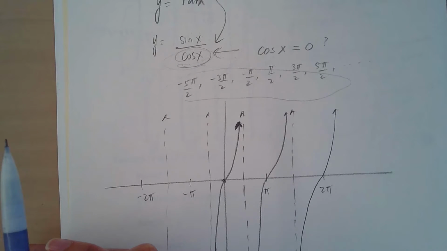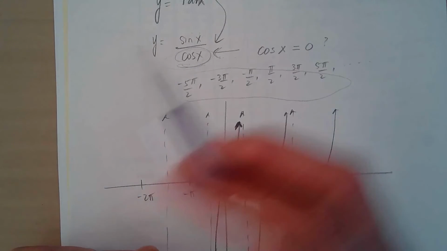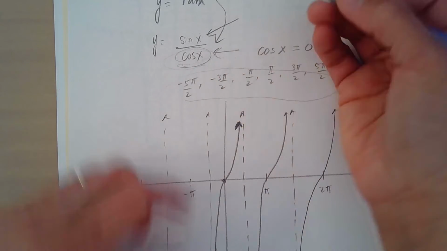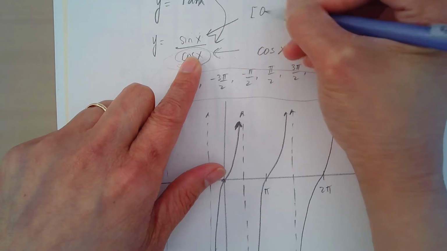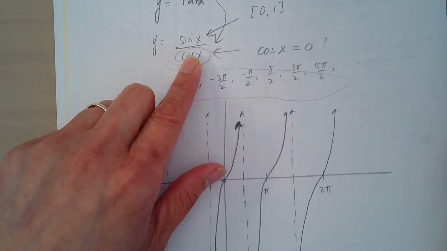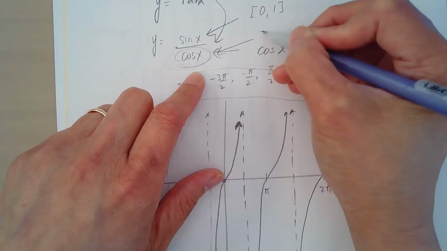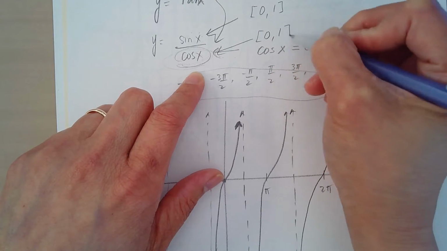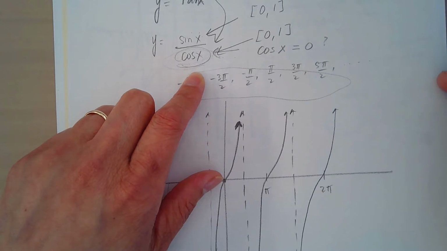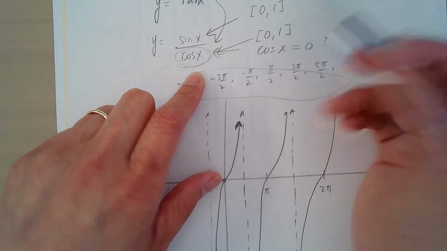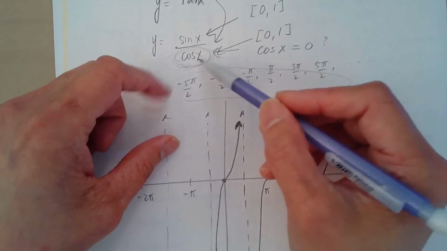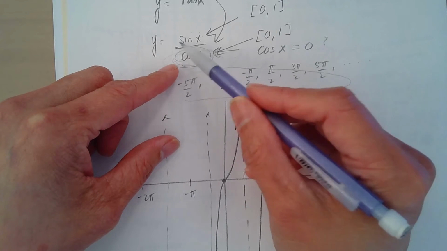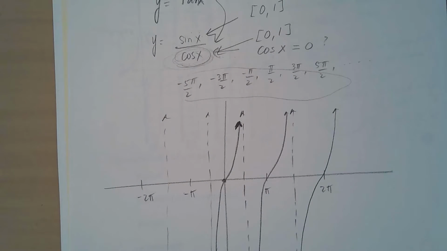And in this case, never, because sine is going to be between 0 and 1, and cos of x is going to be between 0 and 1. So nothing will get way too big for this to be 0. Okay, that's awesome.